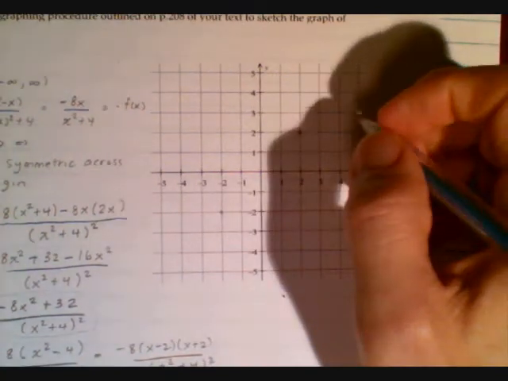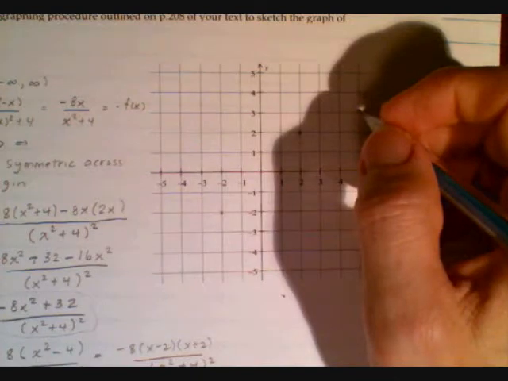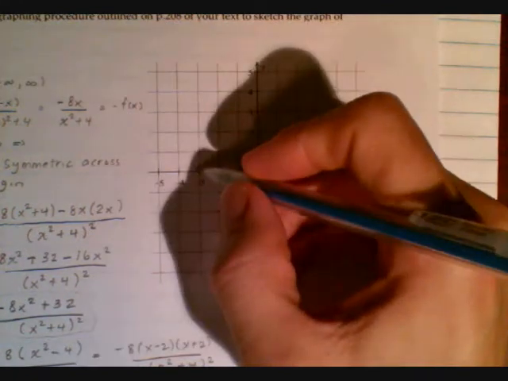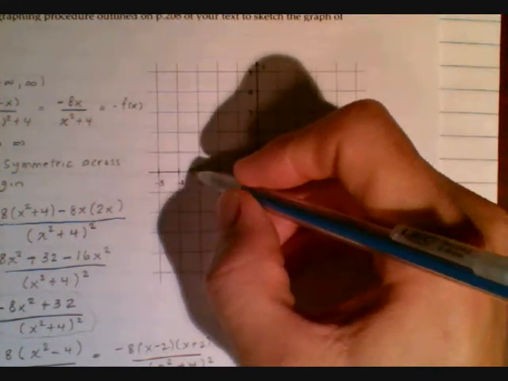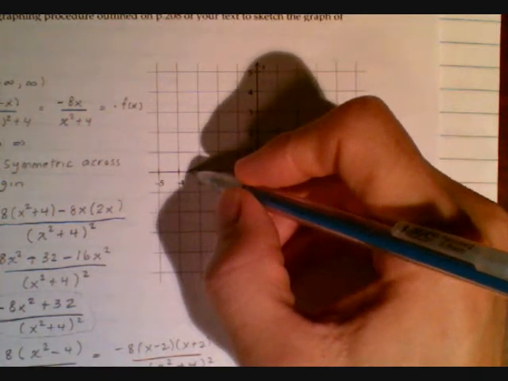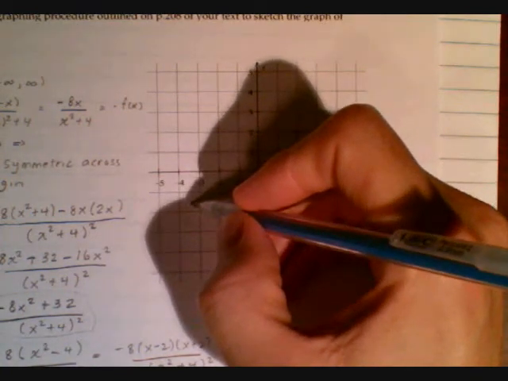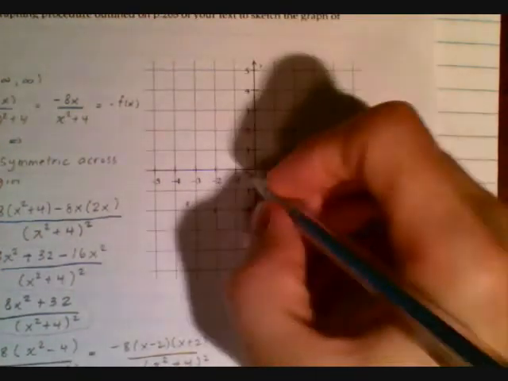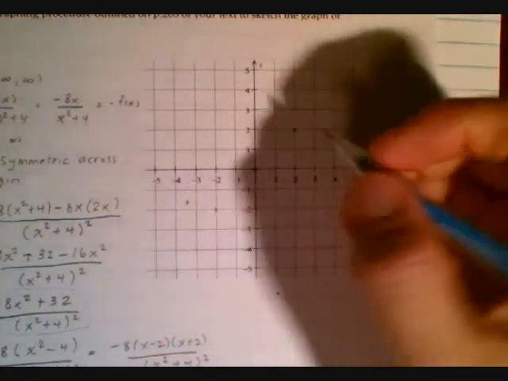And the three inflection points, let's see, what were those again? Those were minus 2 square root of 3, which is about minus 3.5. And the y-coordinate is minus square root of 3, which is about minus 1.7. So I'm going to put that about right here. That's one inflection point. 0, 0 is another inflection point.